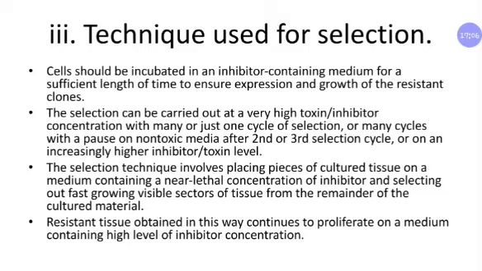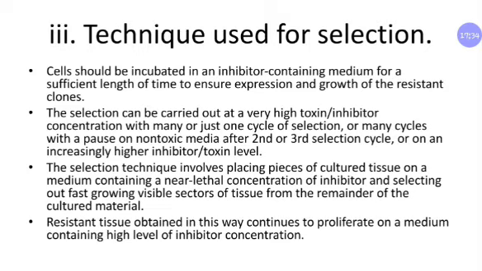The selection can be carried out in different ways using different numbers of cycles, such as a very high toxin or inhibitor concentration with many cycles or just one cycle of selection, or many cycles with a pause, or non-toxic media after the second or third selection cycle, or on an increasingly higher inhibitor or toxin level.